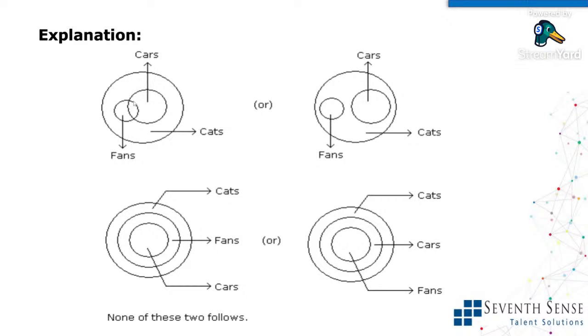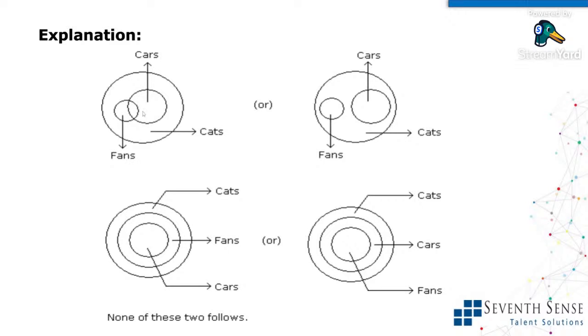And this intersection, as I already told you, they haven't mentioned. Please don't take it. Only this you have to take. This is the only ideal diagram according to me. If you take these things, some might solve, some might not. So please avoid such diagrams. In the question it was basically some fans are cars, some cars are fans.